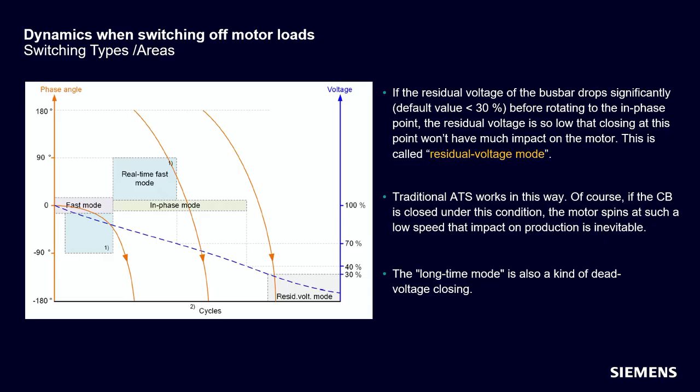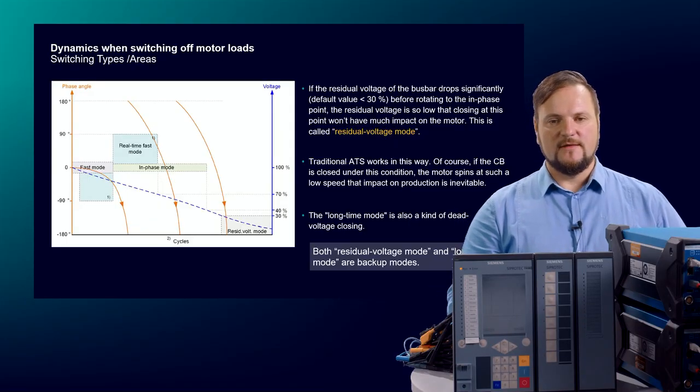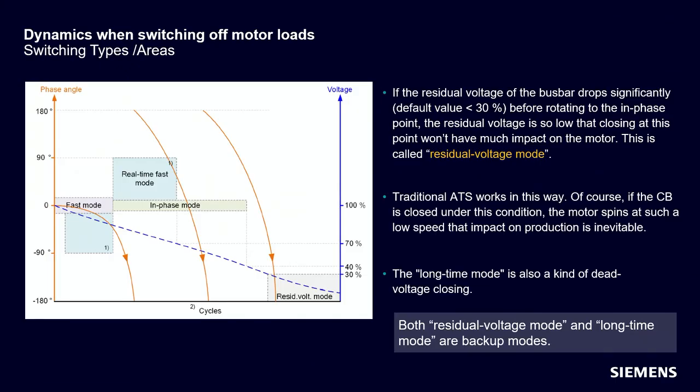So we have the part where we can transfer very fast, and then the part with the residual voltage or the long time mode. Both the residual and the long time mode are more or less a backup mode, which is similar to an automatic transfer system. For the other ones, we talk about a high-speed transfer system.